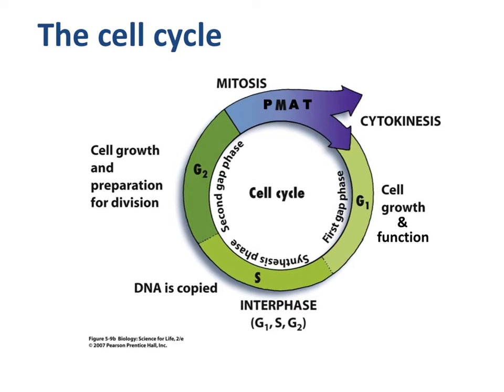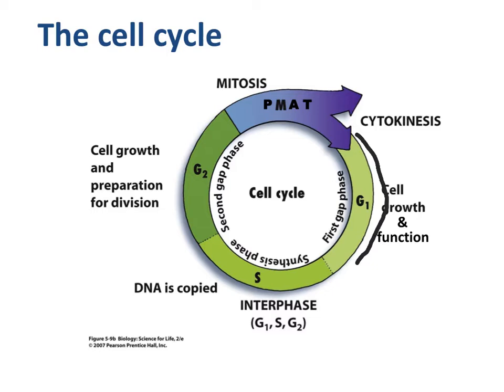Okay, so this is the diagram of the cell cycle. During G1, most of the cell's life is basically in G1 or G0. We'll get to that in a second.